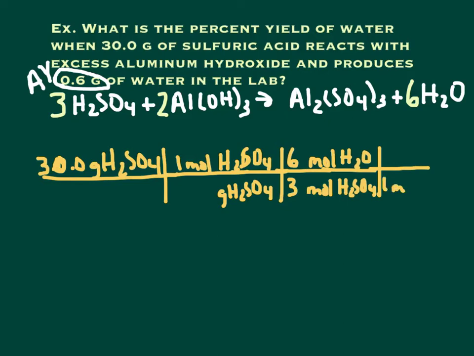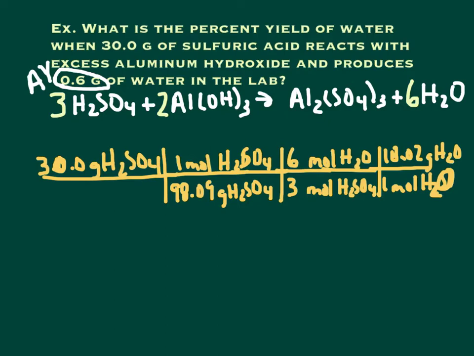And for every 1 mole of H2O, sorry, I've switched over, is 18.02 grams of H2O from the periodic table. I'm going to calculate H2SO4 right now, and that is 98.09 grams.